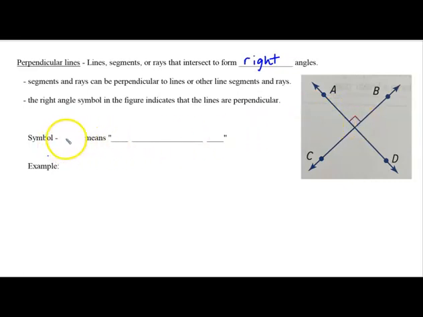So the symbol for perpendicular is going to look like this. And literally, if we were reading that into words, it would mean is perpendicular to.